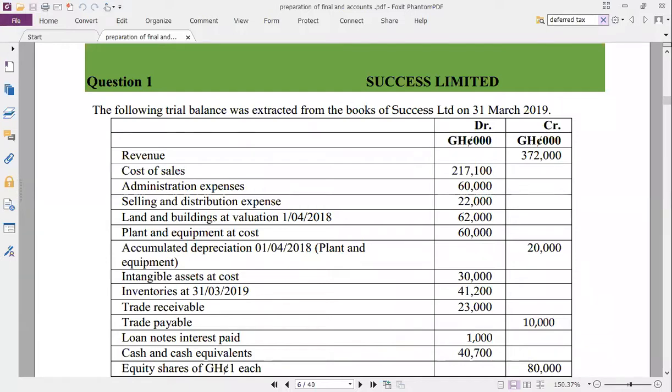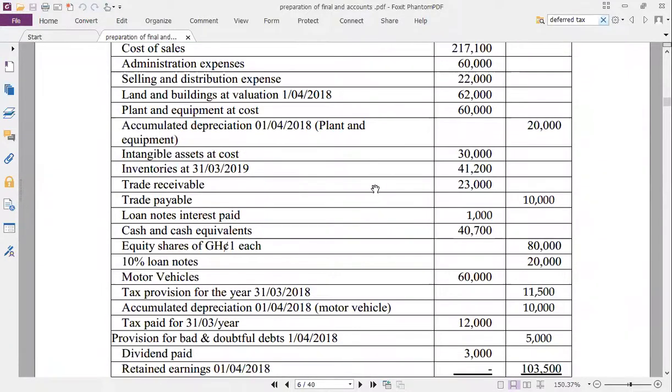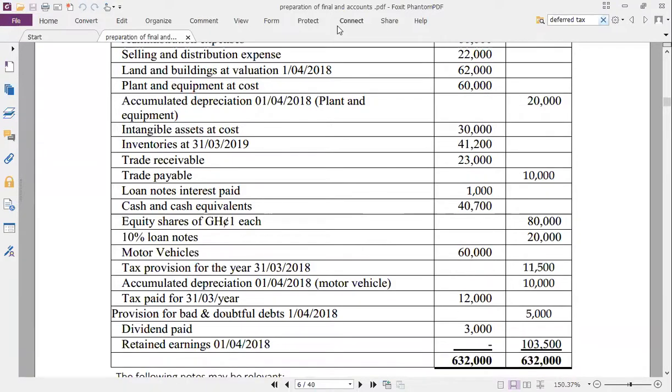I will scan through: revenue, cost of sales. I can see tax paid and provision for bad debts. I can also see tax provision. Those are the only two taxes I can see. So no deferred tax. I'll make it a dash. It's not there. I cannot bring my own figure here.